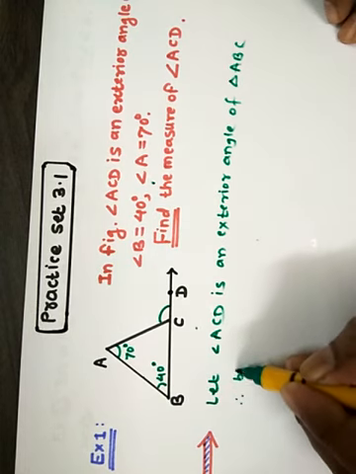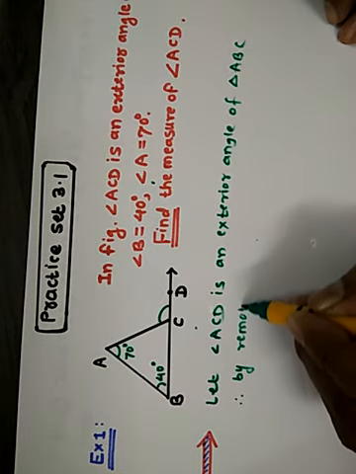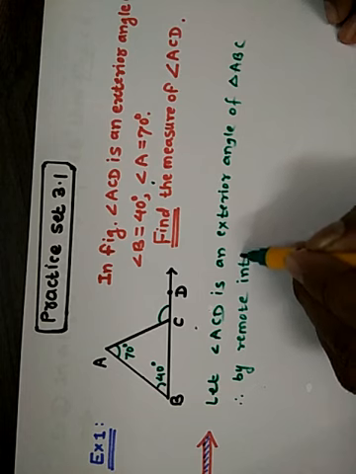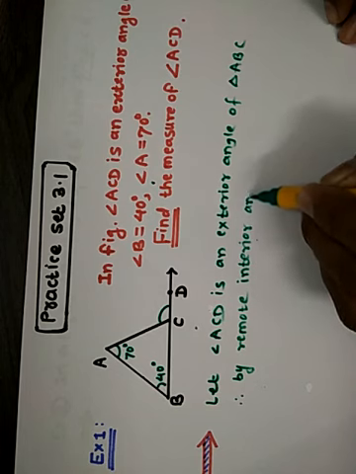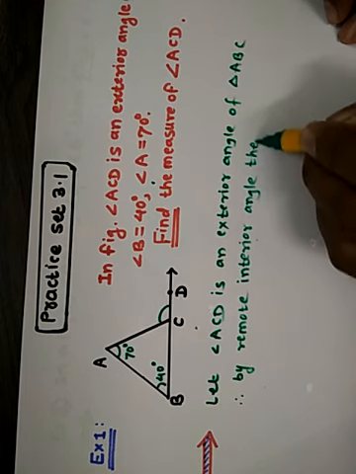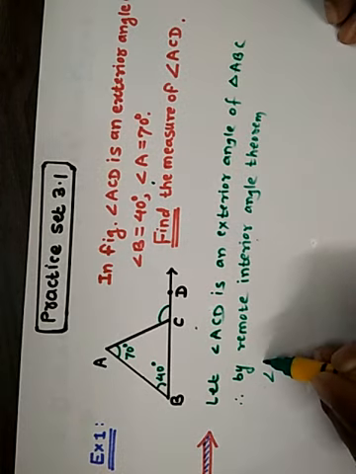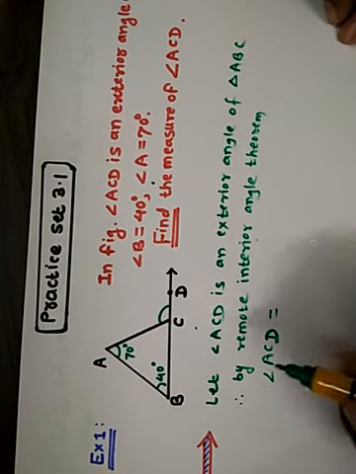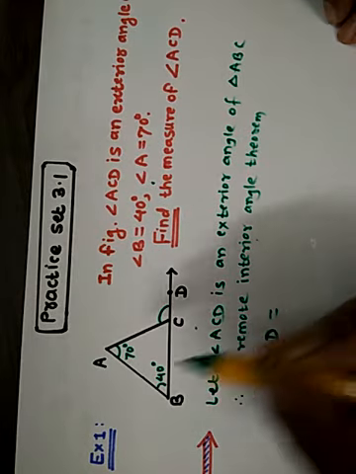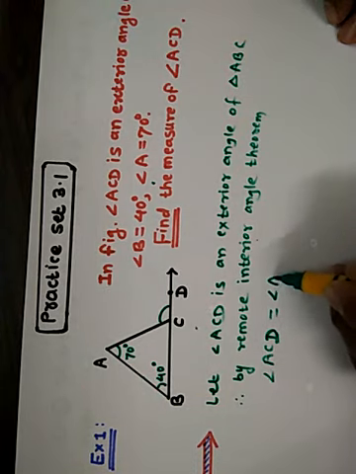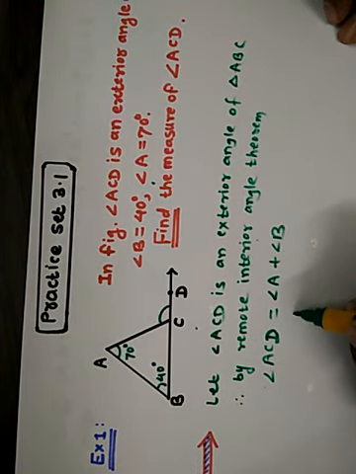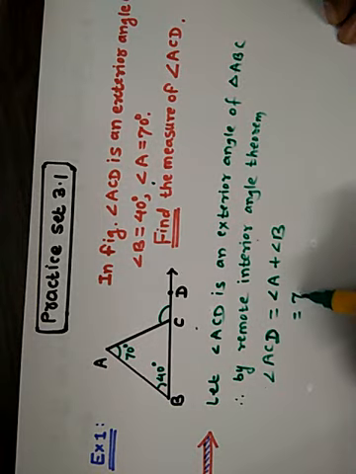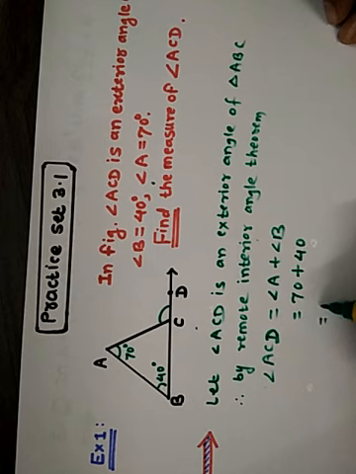Therefore, by using the remote interior angle theorem, measure of angle ACD is equal to the sum of its remote interior angles, angle A plus angle B. Now putting the values of angle A and angle B, we get 70 plus 40, which is 110 degrees.